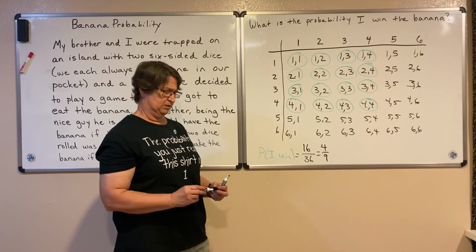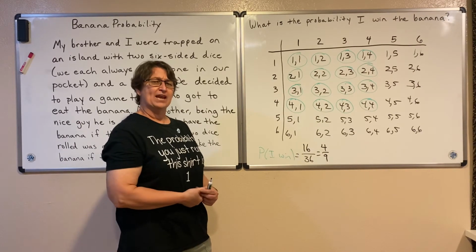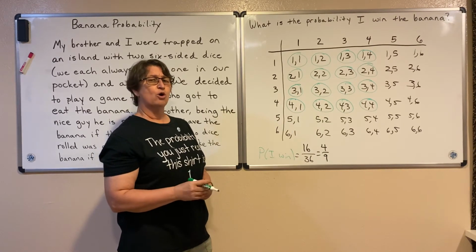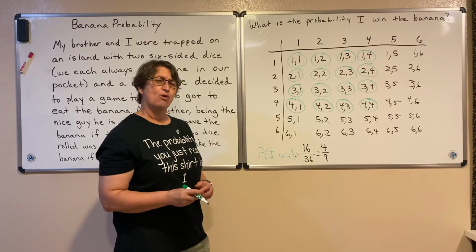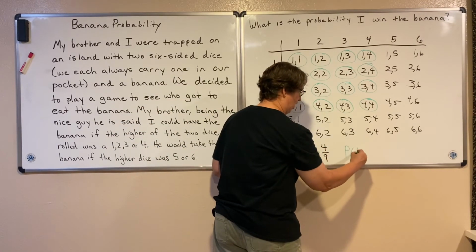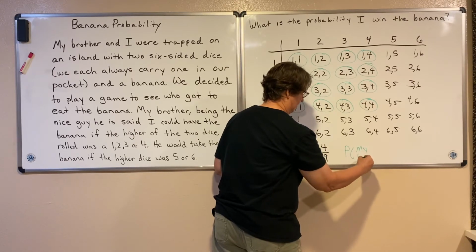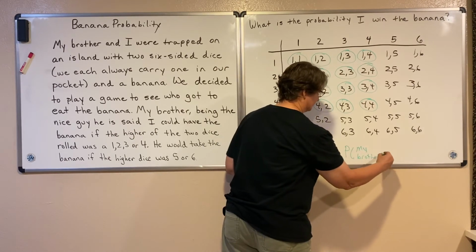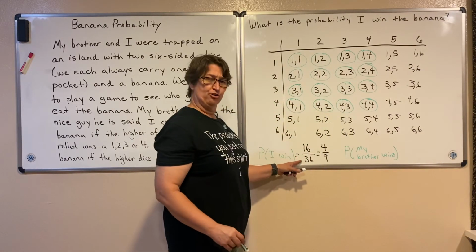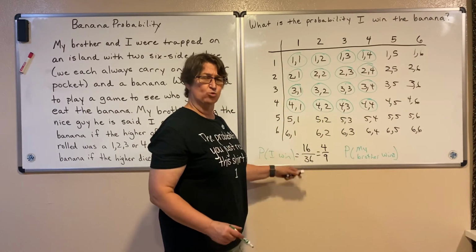Hey, wait a minute. If I'm going to win 4 out of 9 times, what's the complement of that? Or how many times then would my brother win? What's the probability then that my brother wins? Well, if I win 16 out of 36, the rest of the time he would win.